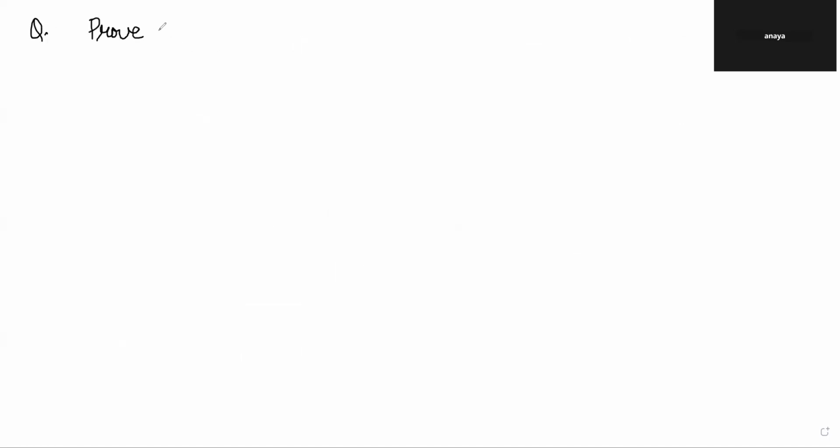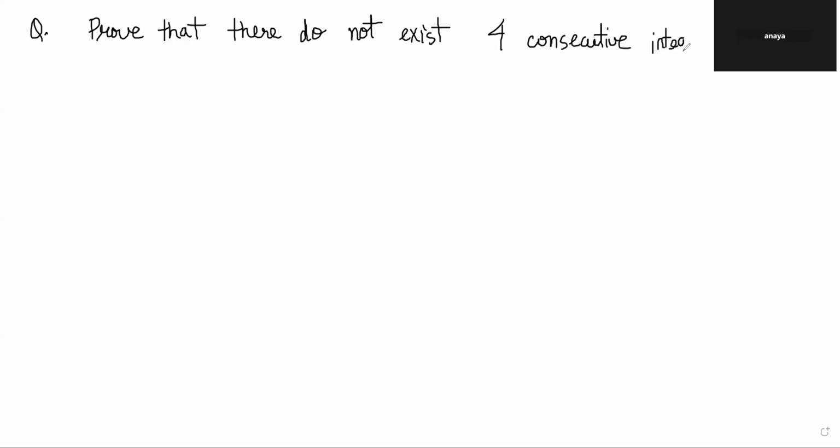prove that there do not exist four consecutive integers each of which is a sum of two squares.